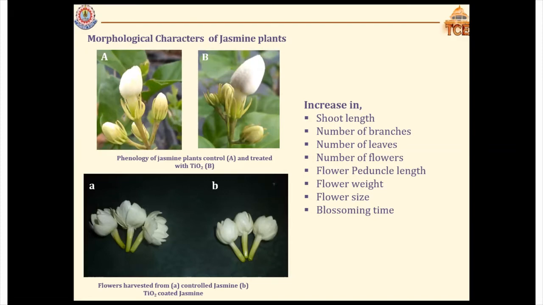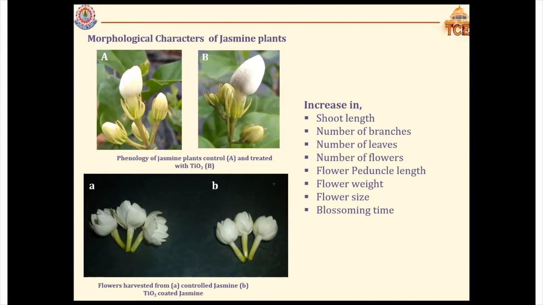When the TiO2 treated jasmine plants are compared with the control, there is an increase in shoot length, number of branches, number of leaves, number of flowers, and flower pedicel length.